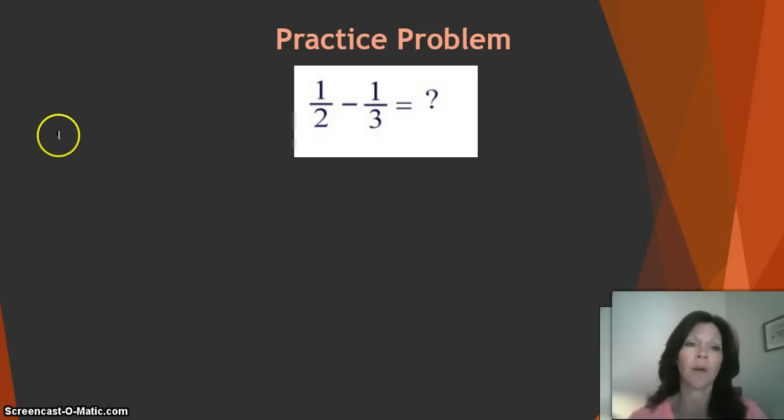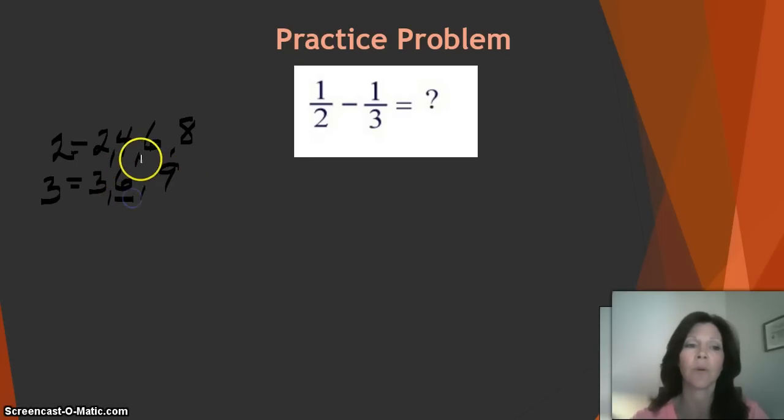If you found your common denominator, you would have listed 2 and 3, and simply skip counting. 2 times 1 is 2, 2 times 2 is 4, 2 times 3 is 6, 2 times 4 is 8. Skip count 3s, 3 times 1, 3 times 2, 3 times 3. You don't need to go any further because there's your common denominator.